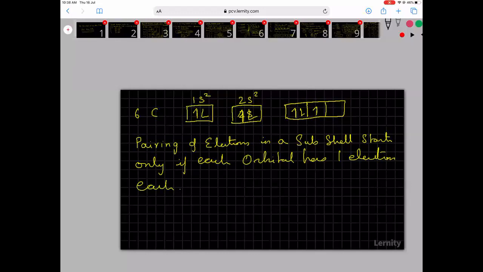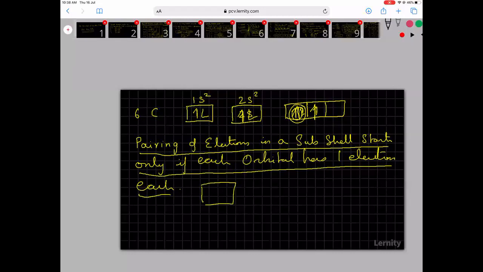So for carbon, 2 electrons can come here, or 1 can come here and the other can go there. The rule is pairing of electrons in a subshell starts only if each orbital has 1 electron each. So now pairing won't happen. So carbon will be like this.